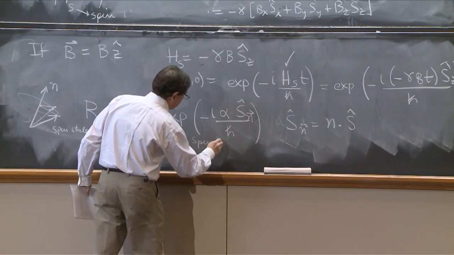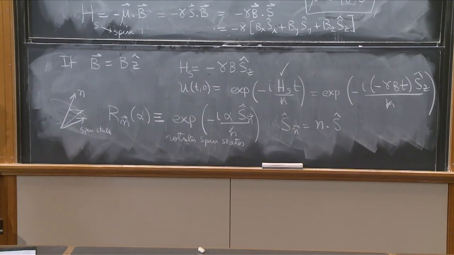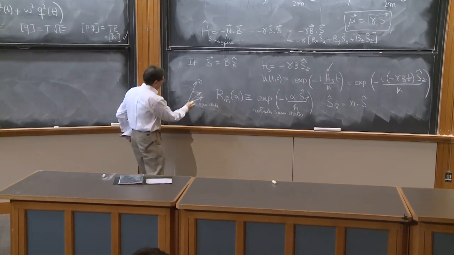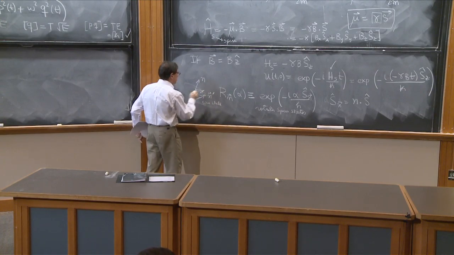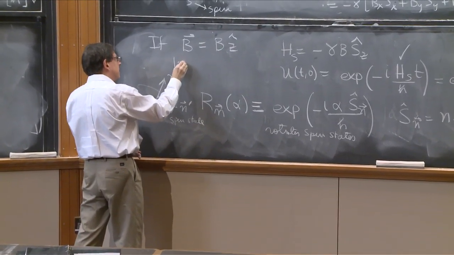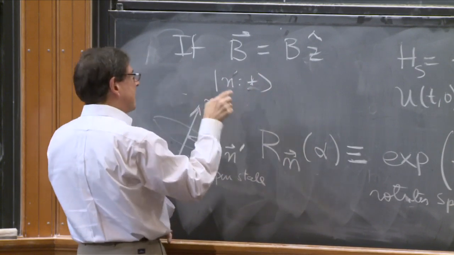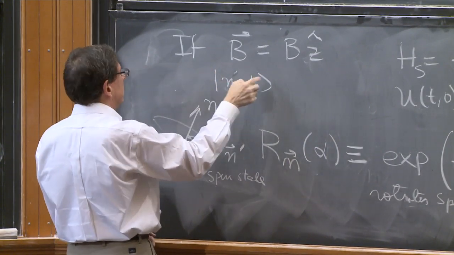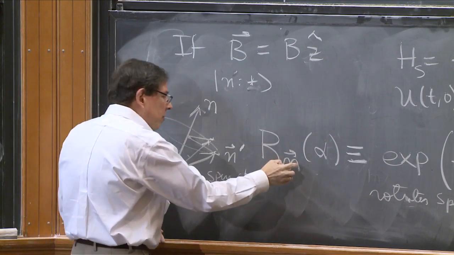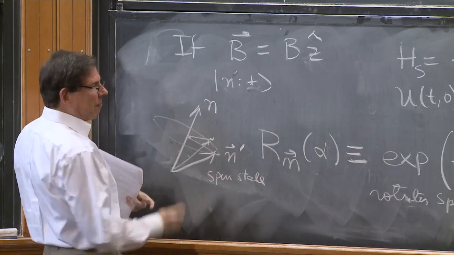And when you think of a spin state, you must think of some n vector, n prime vector. So maybe n prime here would be a good notation. So you have a spin state in the n prime direction. Remember, your spin states were of the form n plus minus. Well, the state that points in the direction n is n plus, so some n prime direction. This operator rotates those states by an angle alpha.